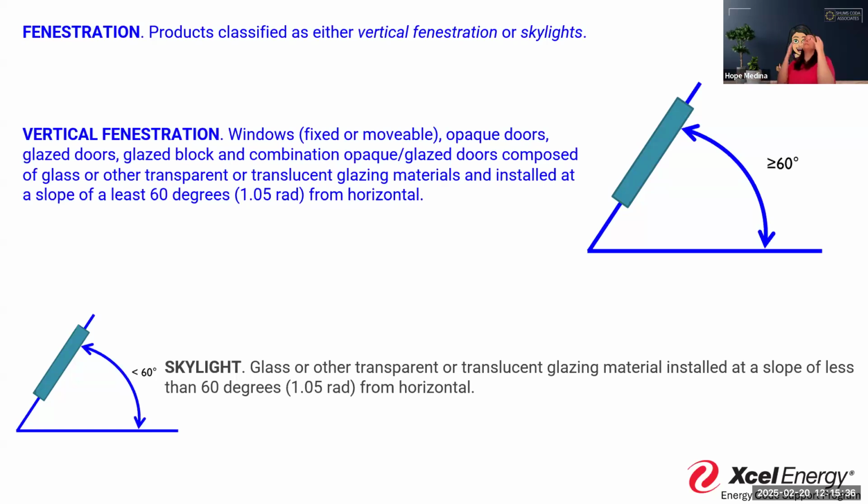So you could potentially be looking up, and depending on the slope of the roof, that skylight might not be considered a skylight. You may call it a skylight, but now it's vertical fenestration. And if you look at it, you're going to have different requirements, right?